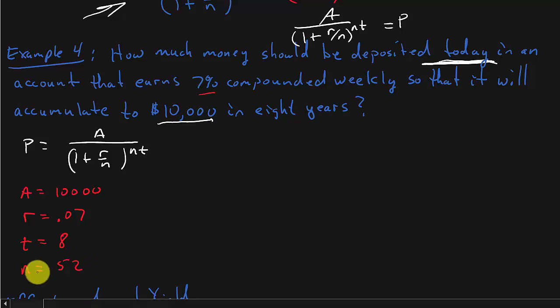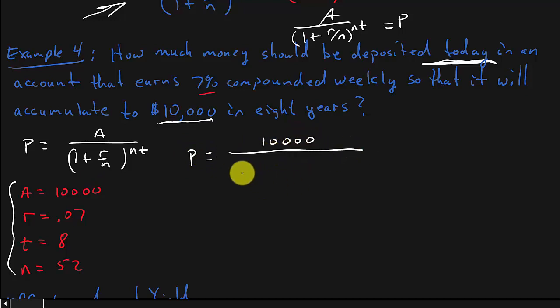So now all we do is take all of this and plug it into our formula. P is equal to 10,000 over 1 plus 0.07 over 52, raised to the n, which is 52 times t, which is 8.